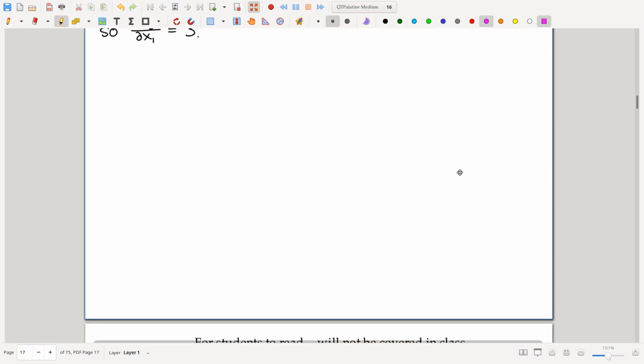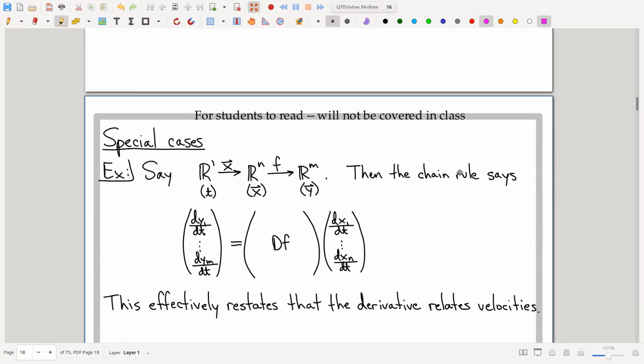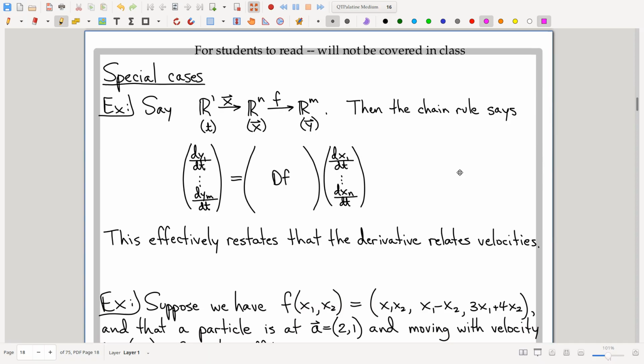Okay, couple of special cases, and I'm going to be really quick with these. Y'all can, in fact, totally just read these yourselves. But again, I like to hit the highlights. What's the key point here? The key point in this first example is let's consider what happens when you have only a single input. Like your original input is just one-dimensional.